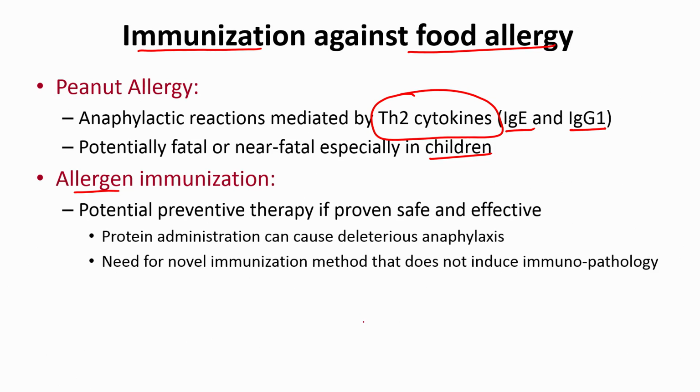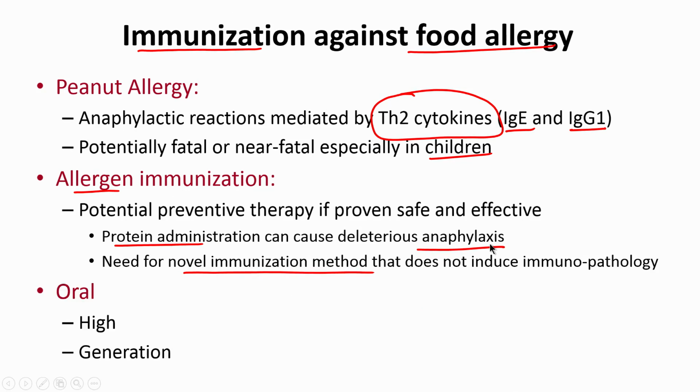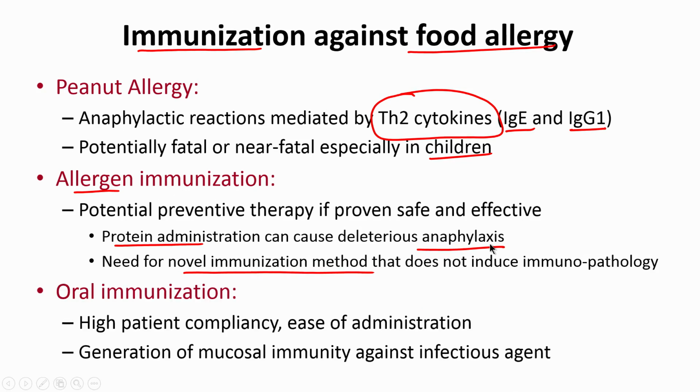That was the purpose of the study. So, we are saying that this protein administration can cause this anaphylaxis. So, how can we develop some novel immunization method so that we do not cause this anaphylaxis? And then the oral immunization can be done with this, because obviously all of this is taken orally.